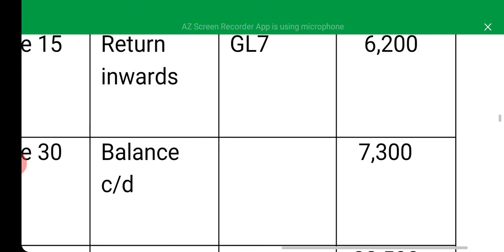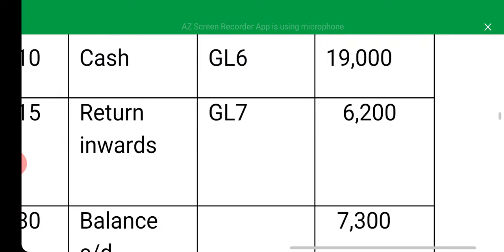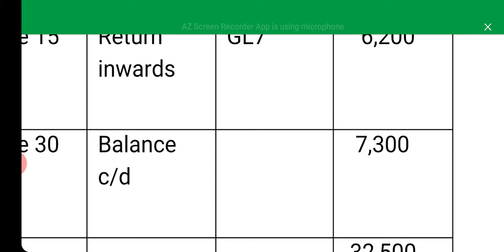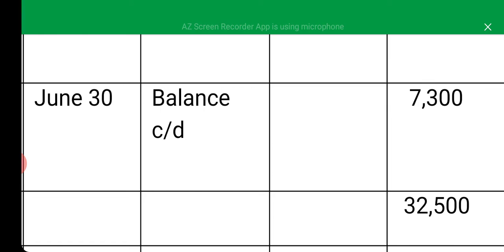So taking away the sum of 25,200 from that gives us the balance of 7,300, which is the balance carried down. This amount is to be taken to the next accounting period.